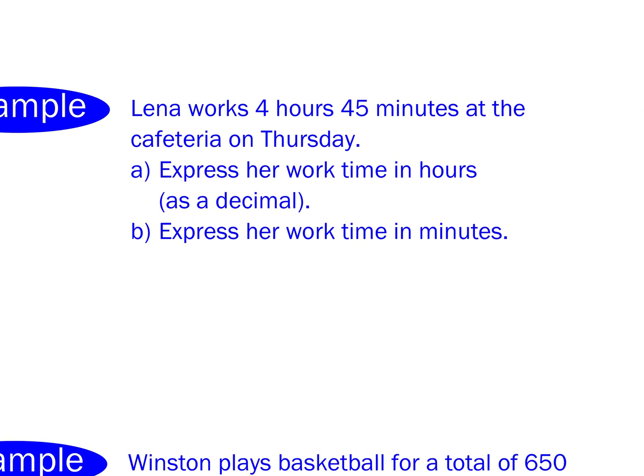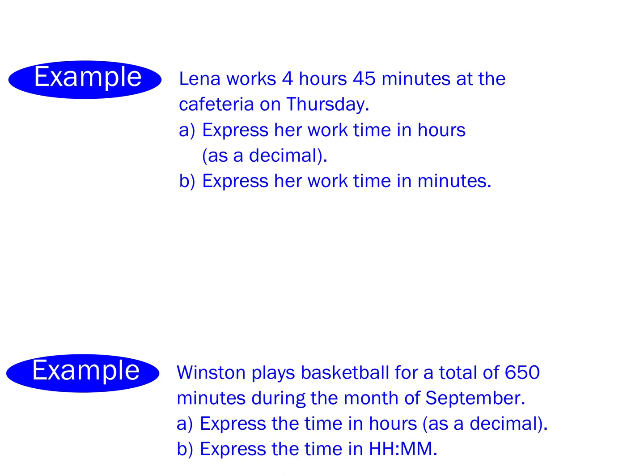So we already know there's going to be 4 whole hours, right? 4 whole hours. It's going to be 4 point something. To figure out the something, what you can do is hone in on the number of minutes.